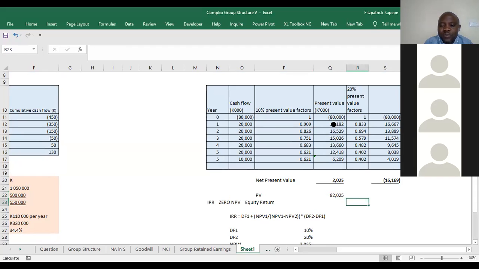So your profitability index would be your present value divided by your capital outlay of 80,000, which gives you 1.03. If the profitability index is less than 1, just know that you're in problems. If it is 1, it means that you have ideally recouped what you had invested.